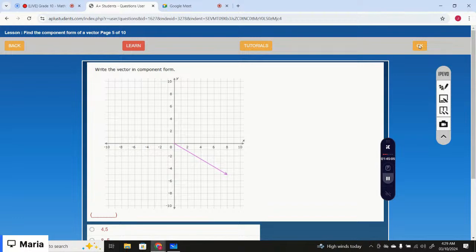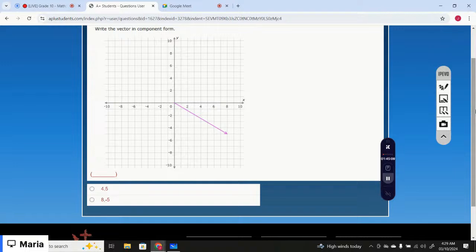So which is the correct option? That is 8 and -5. Option number 2 is the correct option.